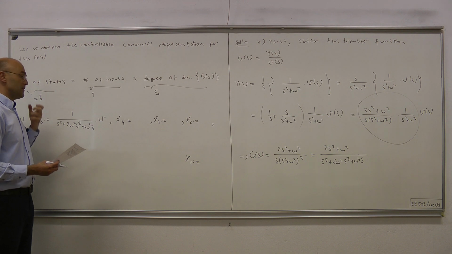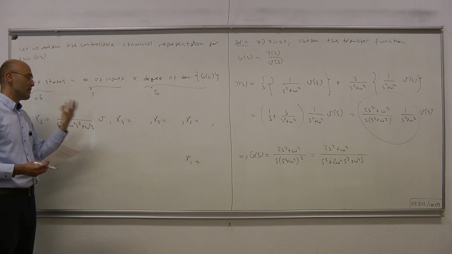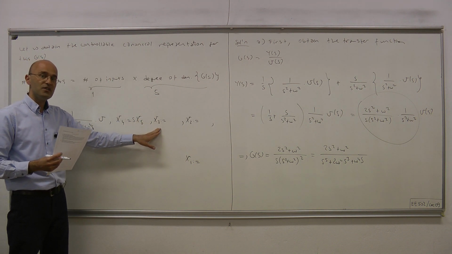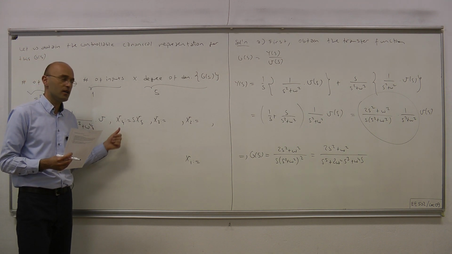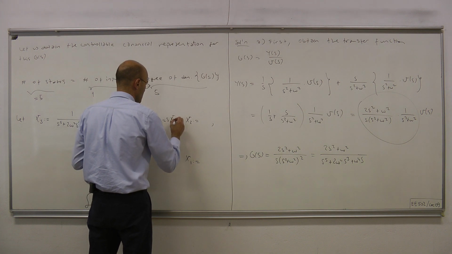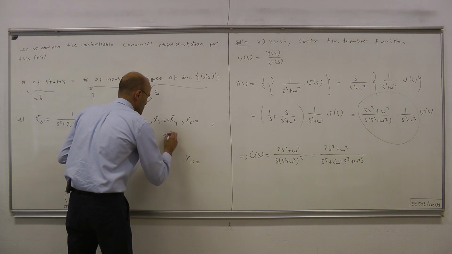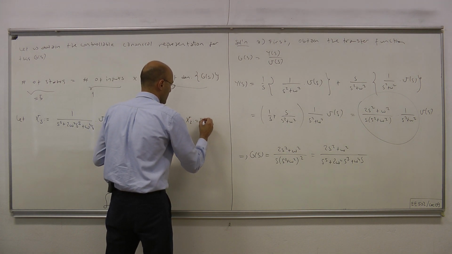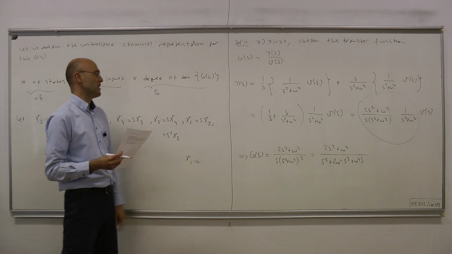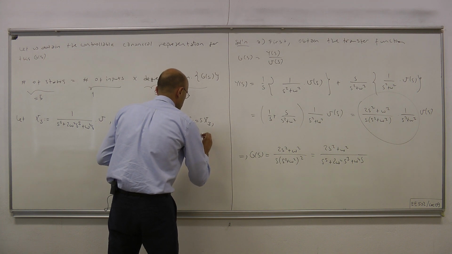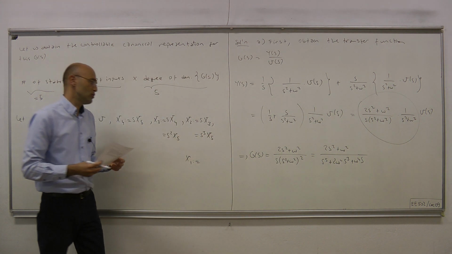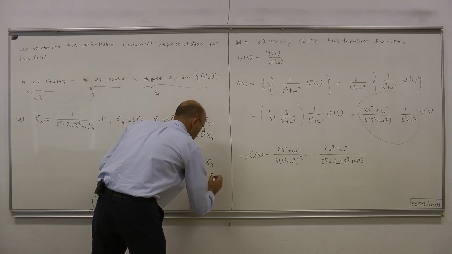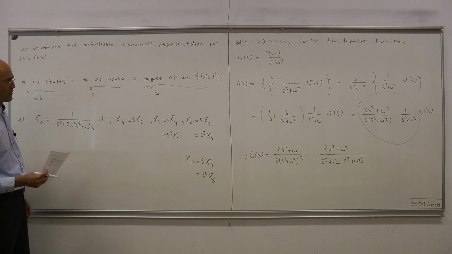Now I'm talking in terms of the time domain. x4 is x5 dot in time domain, therefore x4 in Laplace domain is s times x5. x3 is x5 double dot, or x4 dot, so we have s times x4, which equals s squared x5, because x4 was x5 dot. x2 is x3 dot in time domain, therefore in Laplace domain it's s x3, which equals s cubed x5. And finally x1 is x2 dot, that is s times x2, which equals s to the power of 4 times our fifth state x5, which we picked first.